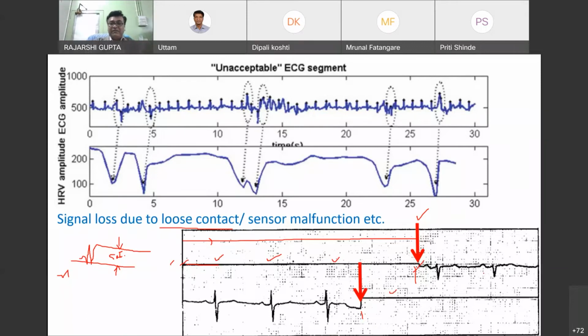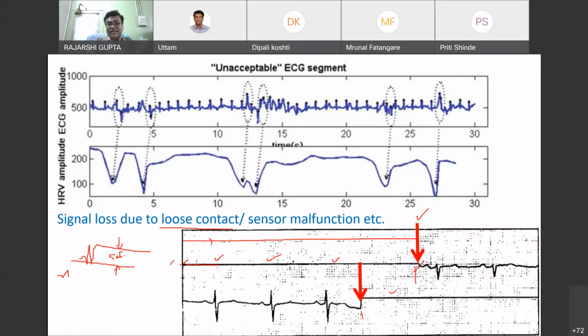So naturally, if you develop a signal quality assessment algorithm, you have to check for these things, because normally what we do is chop the signal using certain windows, like 1 second, 3 second, 5 second, or 10 second, and simply use some feature extraction tools like discrete wavelet transform, autoencoder, or principal component features, and feed it to the classifier.